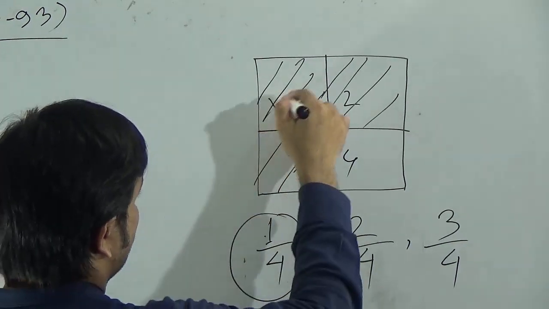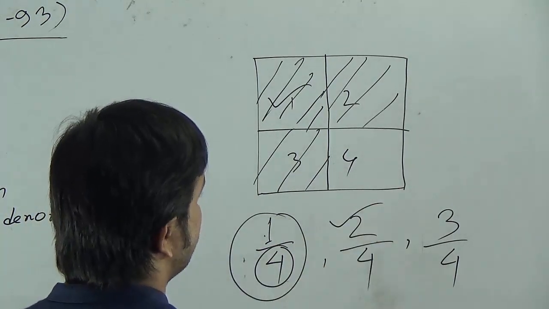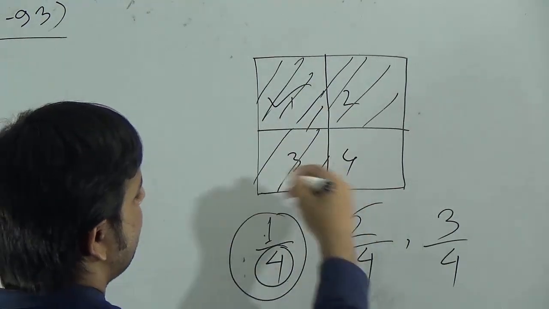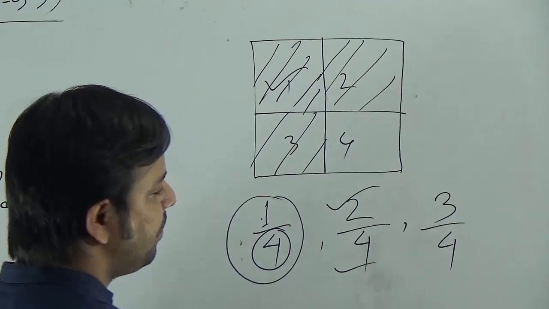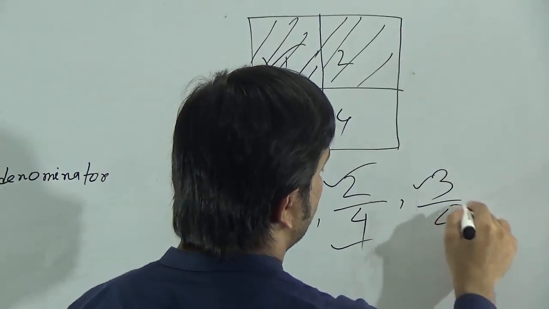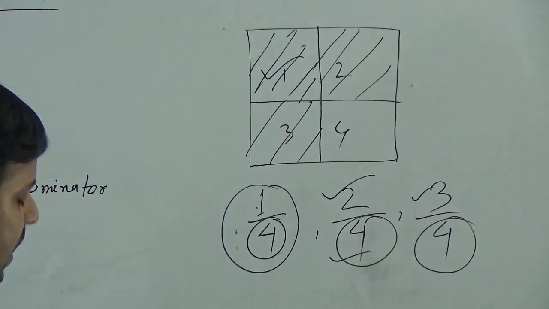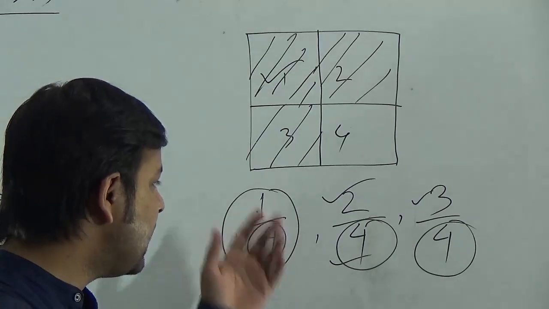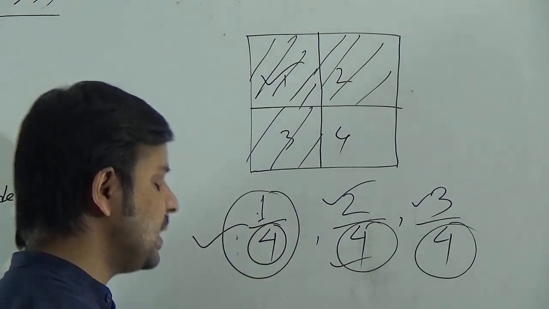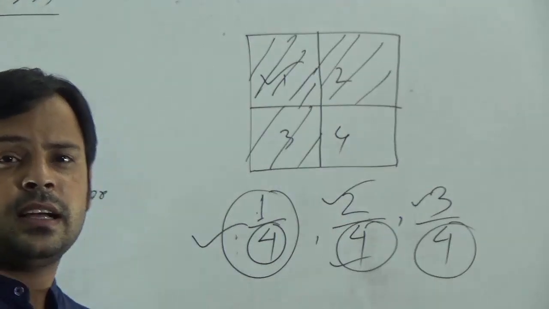At first I have taken one part from whole, it means from total 4 parts. Then I have taken 2 parts from the whole, it means from 4 parts. Then I have taken 3 parts from the whole, it means total 4 parts. Dear students, this representation is known as fraction.